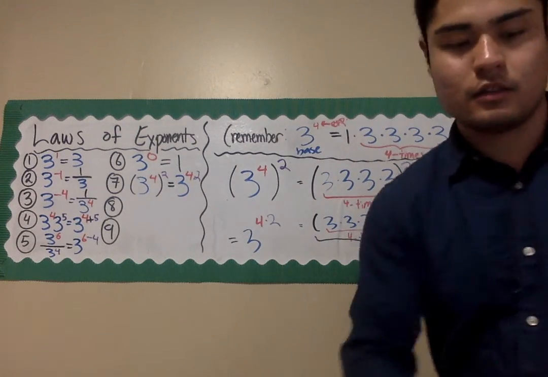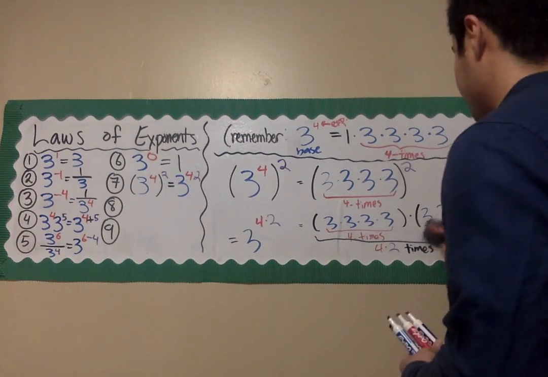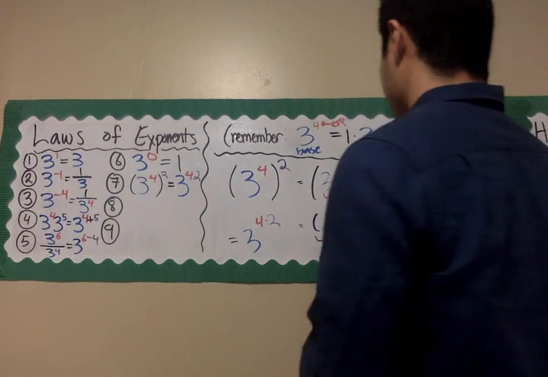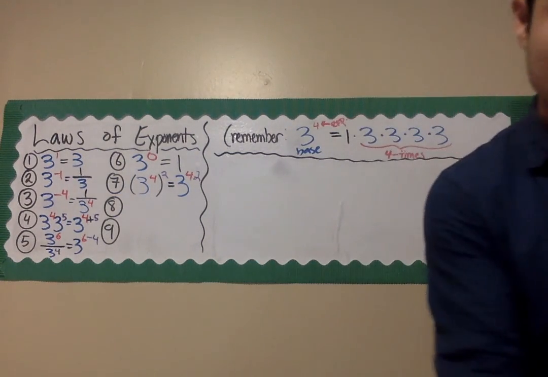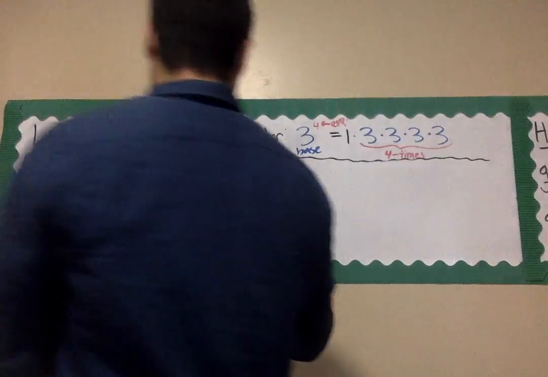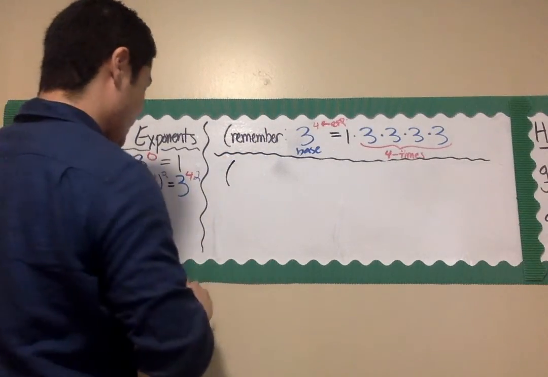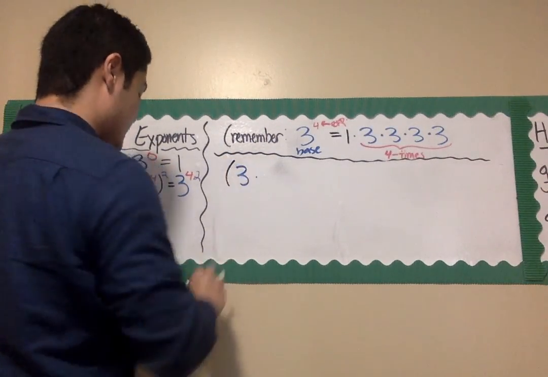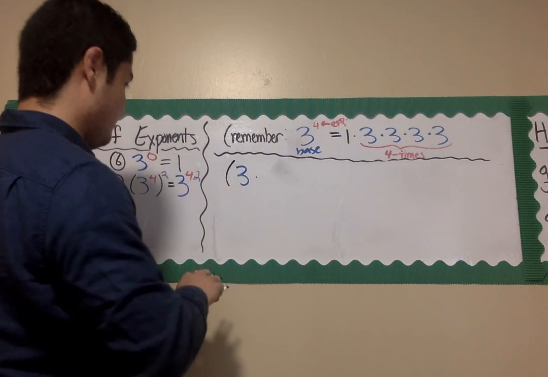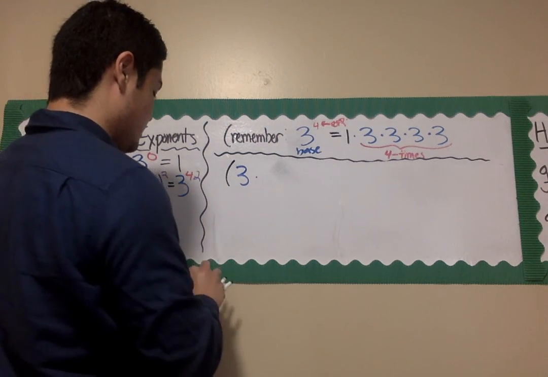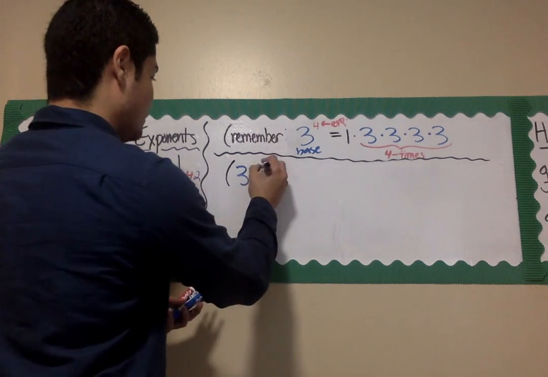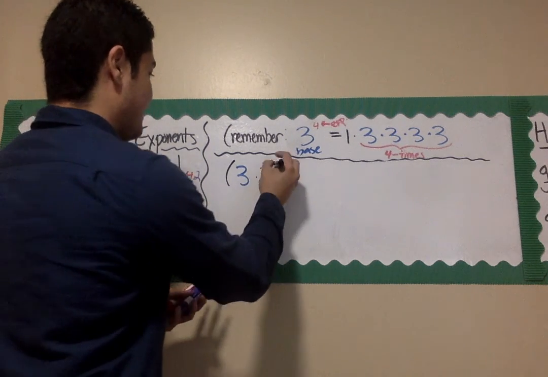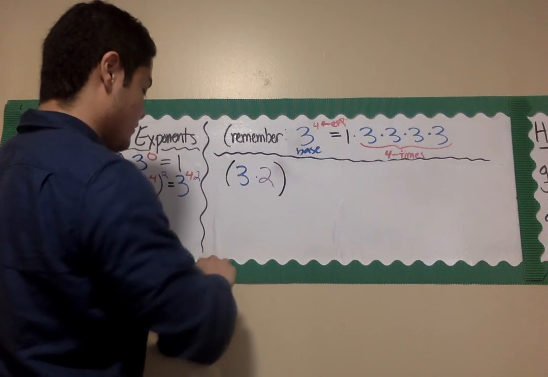All right, law number 8. Law number 8 is, let's say we don't just have a 3 anymore. Let's say we have 3 times, I don't know, 4. Now let's say 3 times 2, and that's raised to the power of 4.